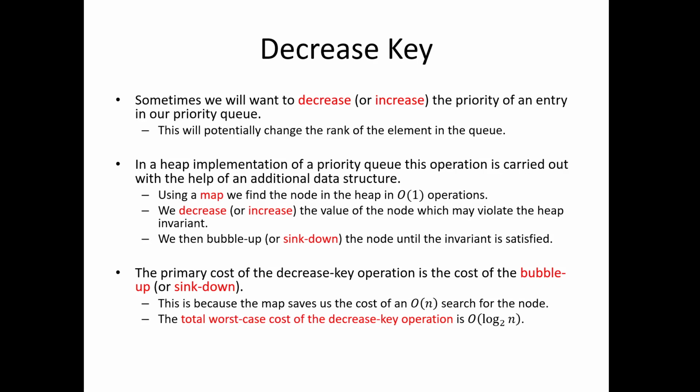So once again, the cost of the decrease key operation is now dominated by the cost of this bubble up or sink down, and this is primarily because we've used the map to save ourselves the cost of this order n search. Otherwise, the whole operation would be dominated by this order n search, and it would take order n operations. However, since we've saved ourselves that search by using a map, we can instead perform the decrease key operation in logarithmic time.